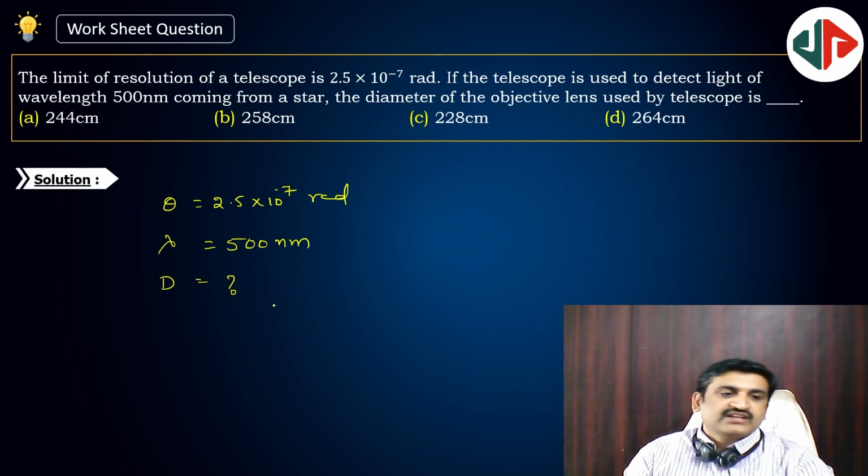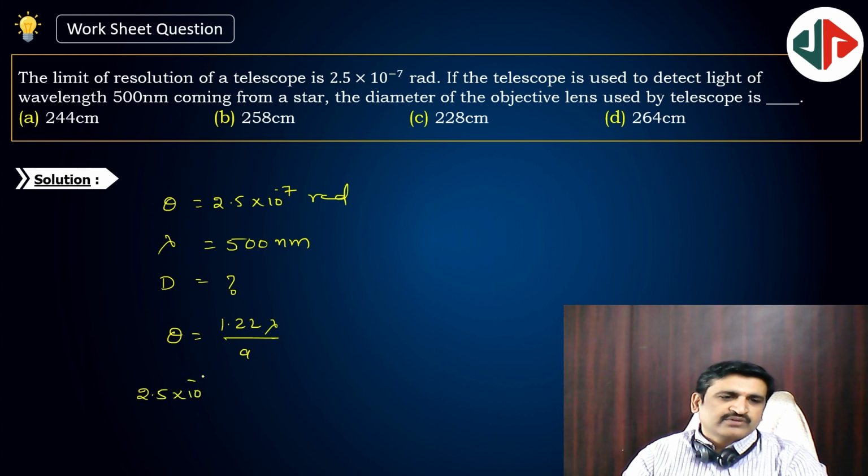Resolving limit of a telescope, the formula is theta equal to 1.22 lambda by a. So let us substitute 2.5 into 10 to the power of minus 7 equal to 1.22 into 500 into 10 to the power of minus 9 by d. D only he is asking, okay, d or a, whatever. Let me use the same symbol, so this is a.